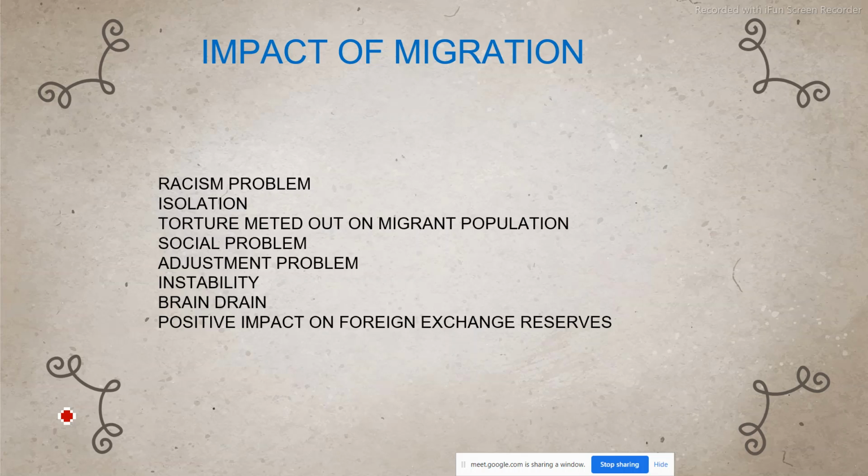For example, if one of your people, for example your father or your brother, goes to another country and sends money to you where you are living in India, what is he doing? He's basically increasing the foreign exchange reserves of our country. Only if he sends money. Otherwise, if he is not sending money, then it is not there.